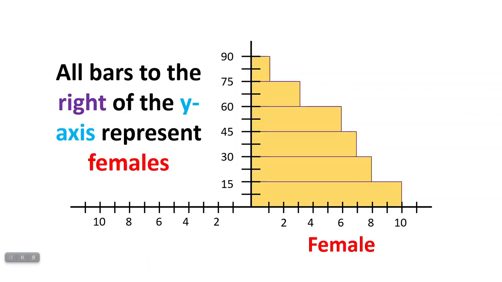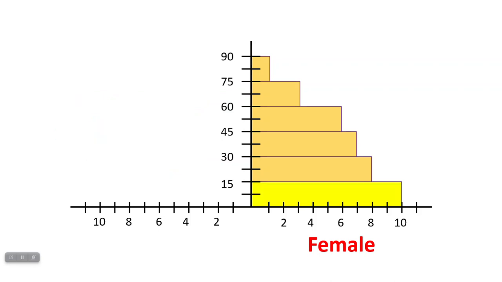All the bars to the right of the y-axis are showing you the female parts of the population. And just like with the males, each of the bars shows you what percentage of the population is in that age group for that gender. So this would be from 0 to 15 years, and this is again 10%.